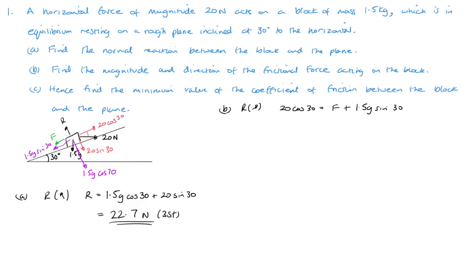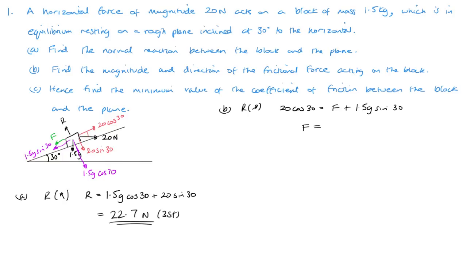So you can do it like that. You can assume it's going one way, and then when you work it out, if it's a negative sign, then it's actually going the other way. So you can do it without having to guess, actually working these values out and knowing which direction it's going.